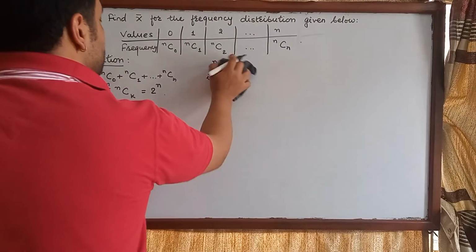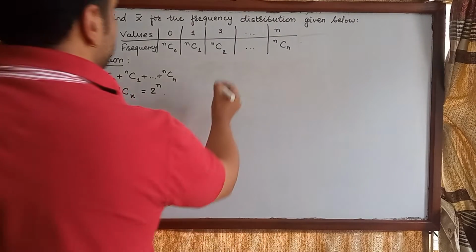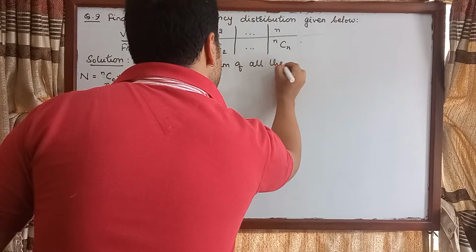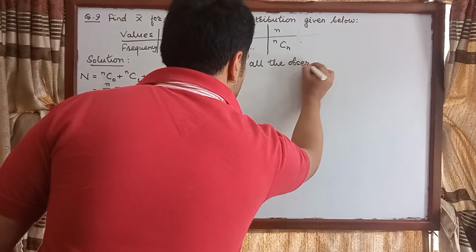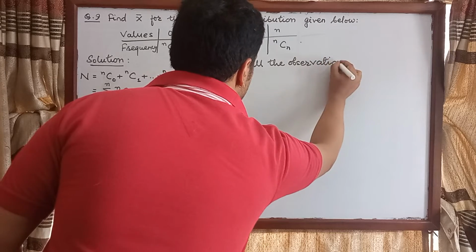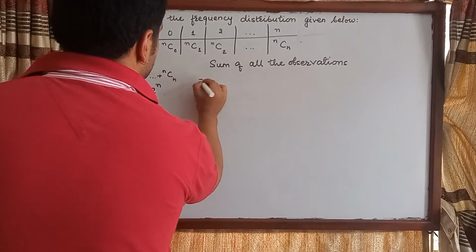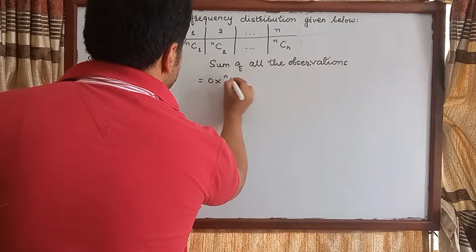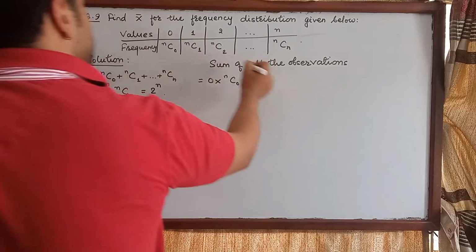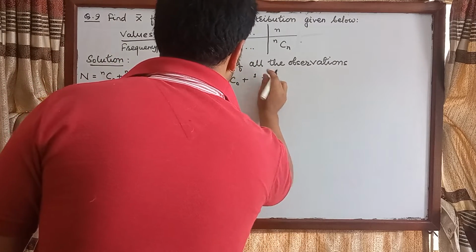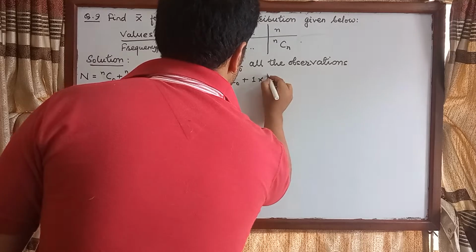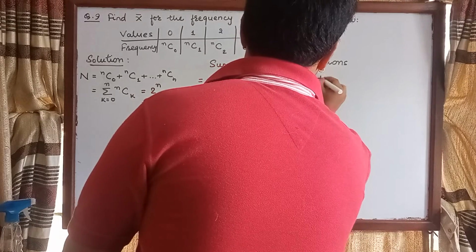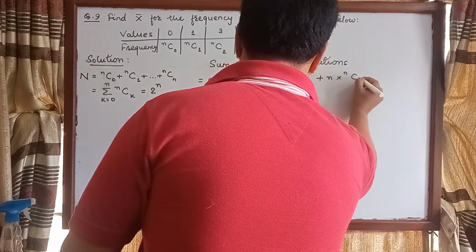The sum of all the observations is equal to 0 times nC0, plus 1 times nC1, plus all the way up to n times nCn.